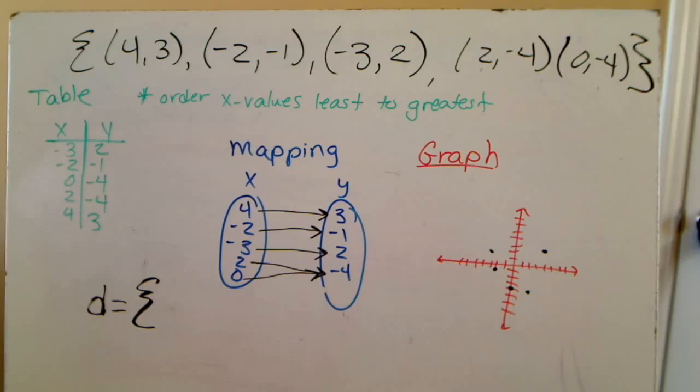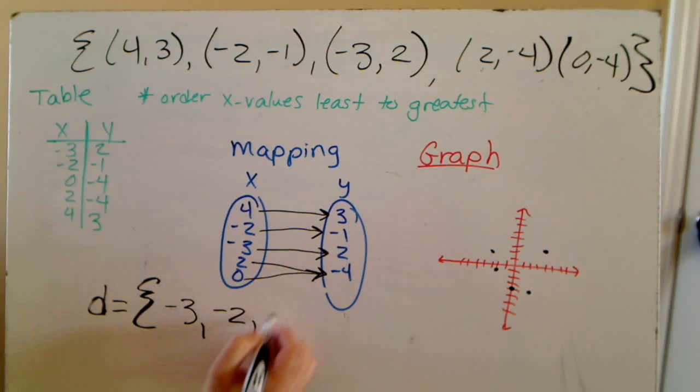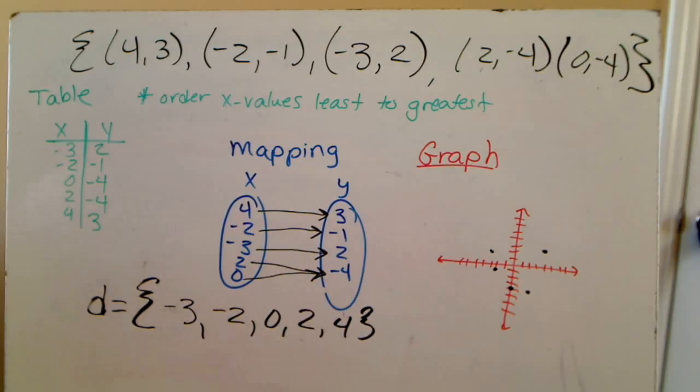And then I'm going to put a brace, which represents that it's a set. And then I'm just going to list out all the X values. And then when you list these, they need to be in numerical order. So I'm going to look at my table because those are already in numerical order for my X values. And I'm just going to copy that. And then close it with another brace.